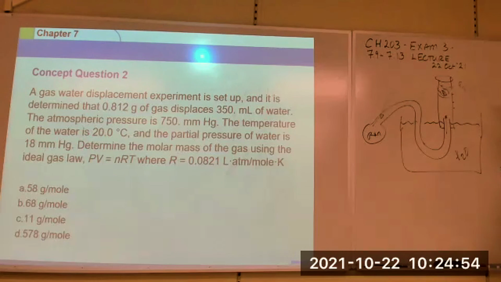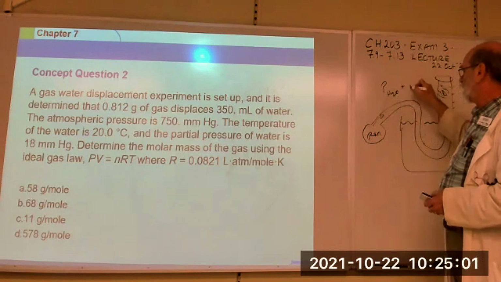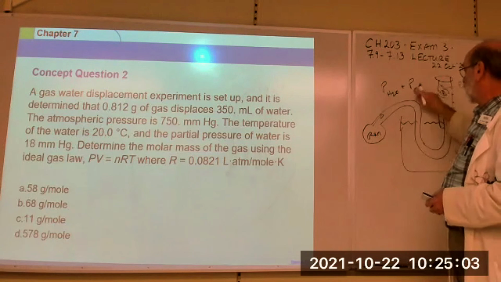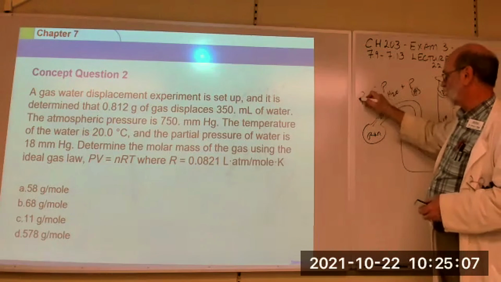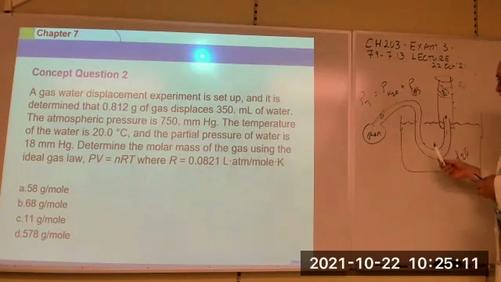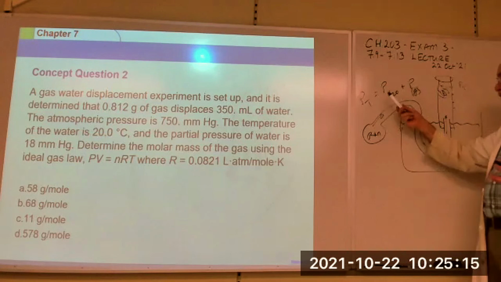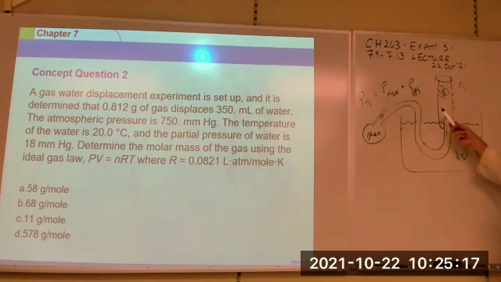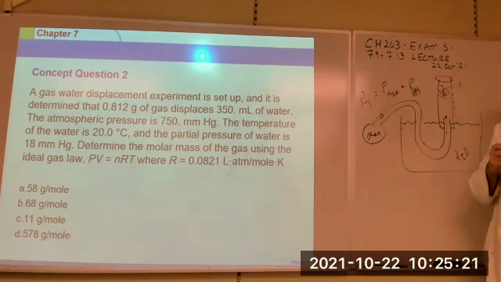Then you need to know the vapor pressure of water. That added to the pressure of your gas equals the total pressure. You can measure the temperature, and based on it, you can look up in tables the vapor pressure of water at that temperature. Subtract it from the total, and you get the pressure of the gas.